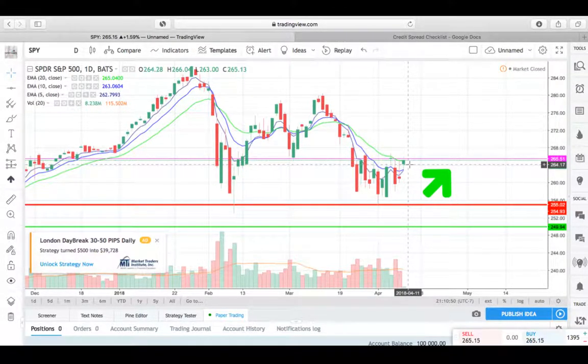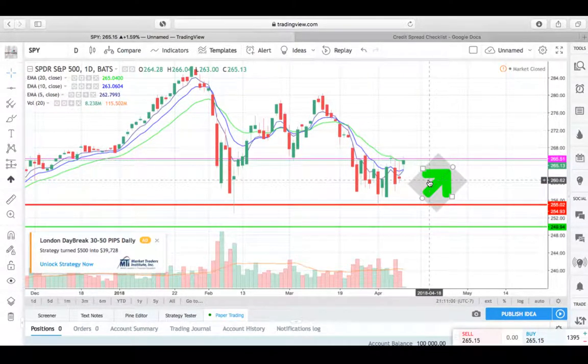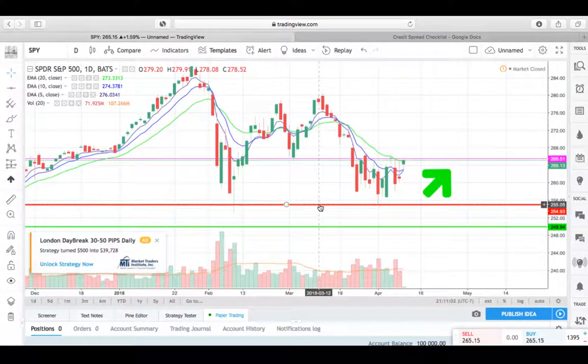For some reason, because of indicators, technical analysis, and past performance, we believe that this stock is going to increase in value. So what we can do is sell a put down here at the 255 and then buy a put at the 250. That's a $5 wide strike, and we take in a $1.50 credit, or $150.